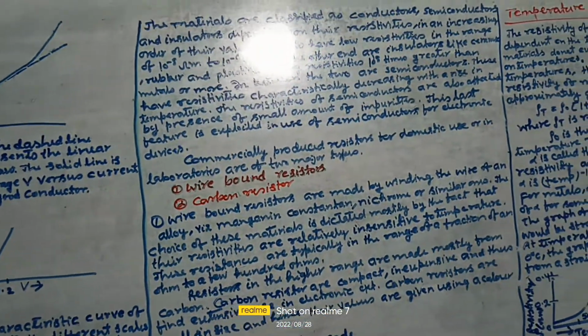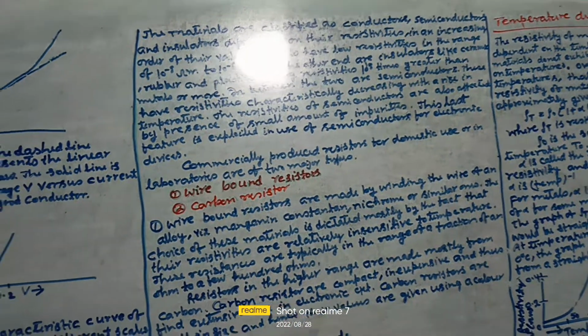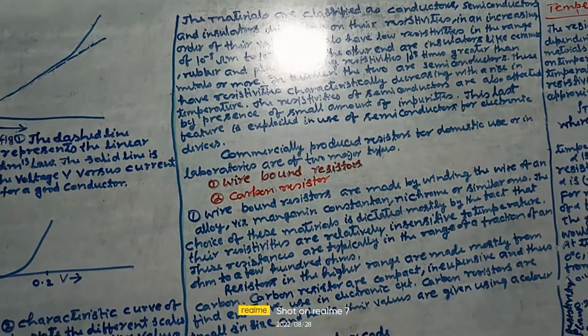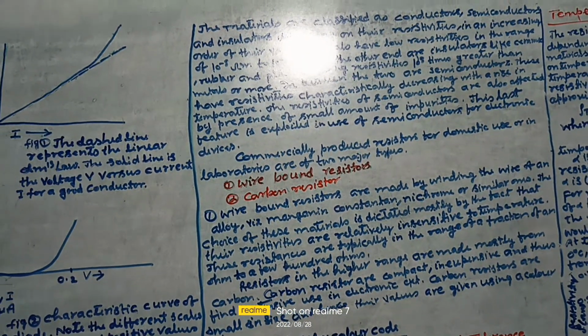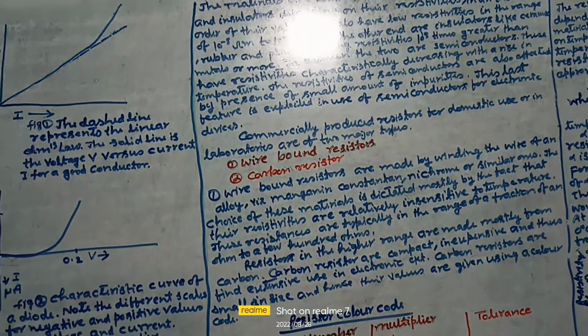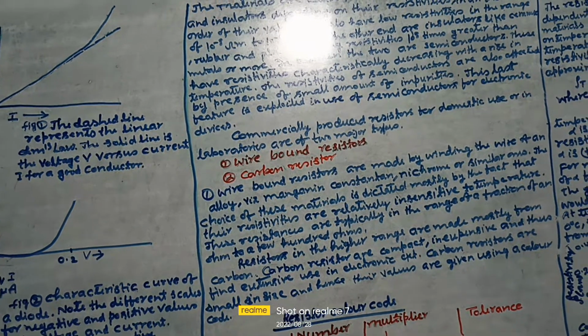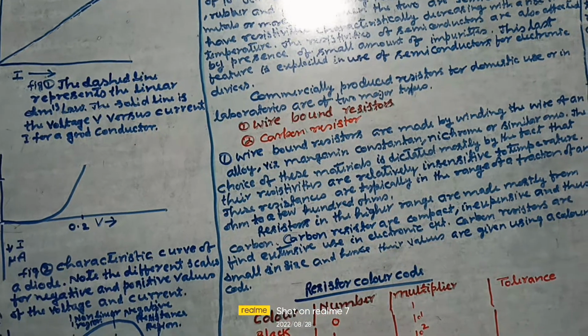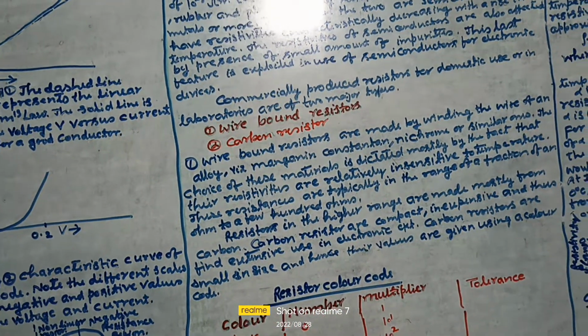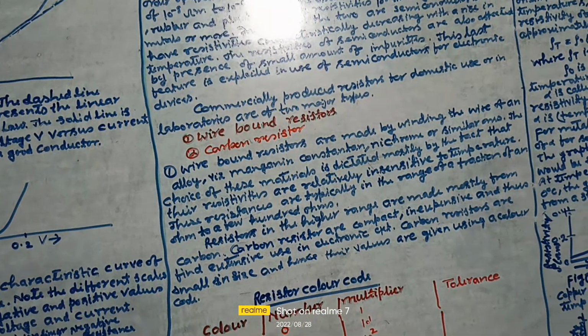Commercially produced resistors for domestic use or in laboratories are of two major types. First is wire-bound resistors, second is carbon resistors. The wire-bound resistors are made by binding the wire of an alloy, such as manganese, tungsten, nichrome or similar ones.